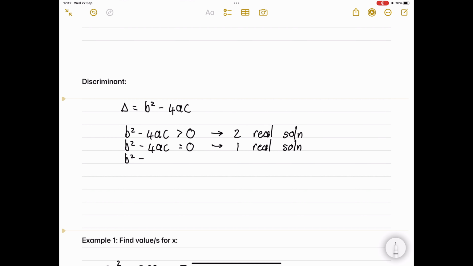When your b squared minus 4ac is less than 0, that means you have no real solution. The reason for that is you can't have a negative number underneath a square root. It's impossible. It's an imaginary number. It doesn't work. That means you have no roots.